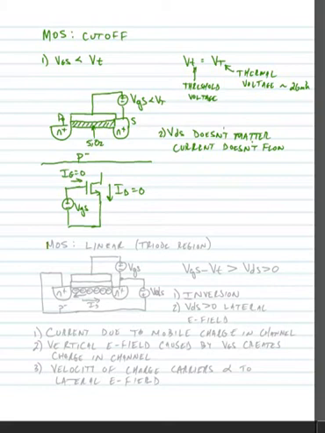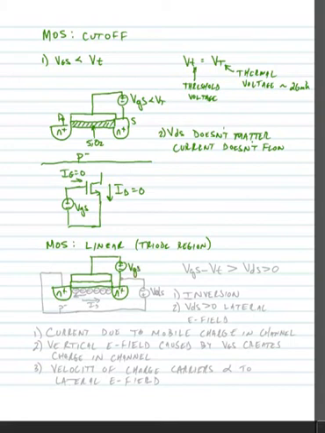Now, as we start to increase the gate to source voltage beyond the threshold voltage, we enter our linear or triode region. So we look at our same cross-section. We have our gate to source voltage.